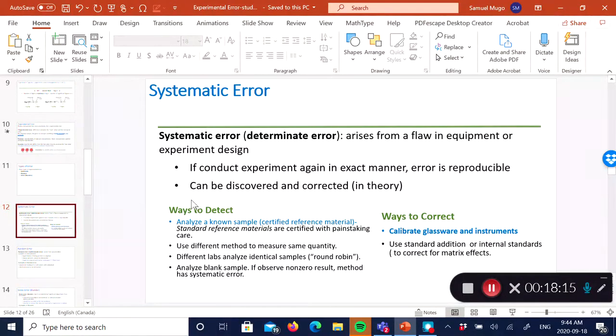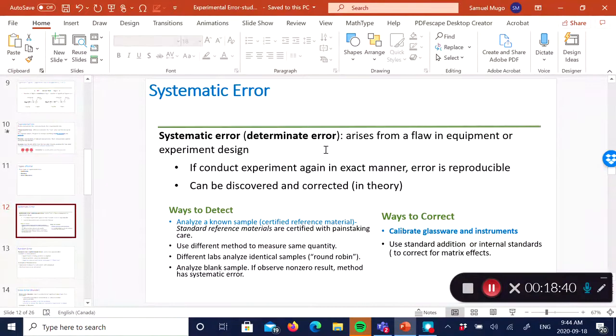So you can always detect a systematic error, but how can you correct it? You correct systematic error by calibration. And that is why in the last lab session, that's all you were doing, calibrating your glassware, and calibrating your instruments, which we're going to do as well.